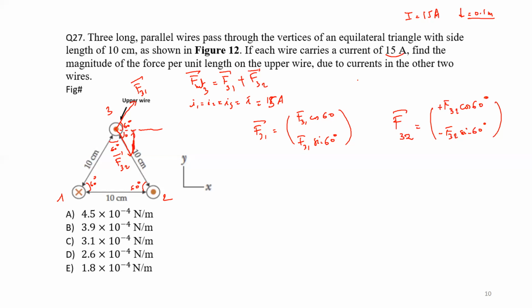Don't forget that F31 is just mu naught L. Okay. So let me divide by L. So I have mu naught I1 I3 divided by 2 pi times the distance between them, which is 0.1.